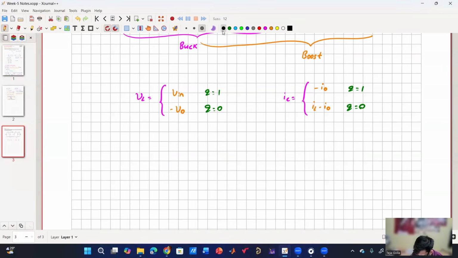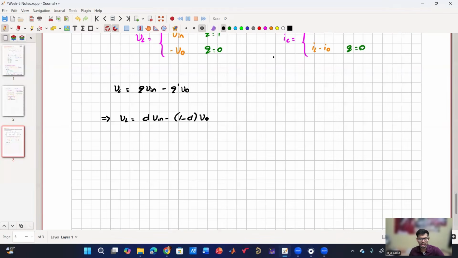So now I'll do the same thing. First I'll write VL is equal to Q into Vin minus Q bar into V0. Then I'll represent it in terms of duty ratio. So VL is equal to D into Vin minus 1 minus D into V0.